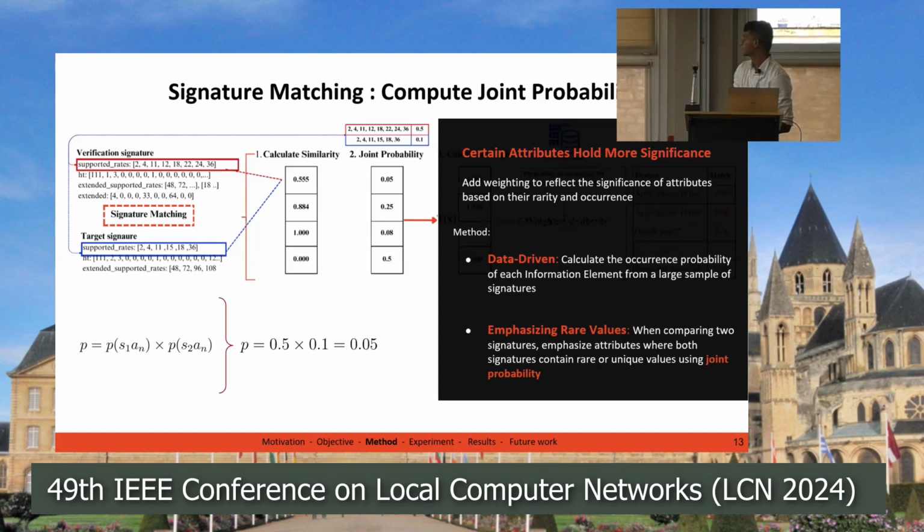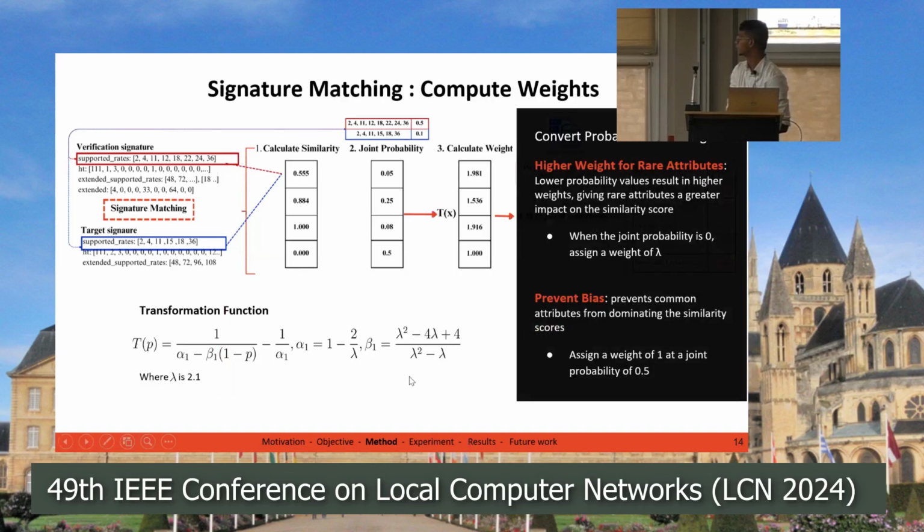So once we have this computed joint probability, we want to calculate a weight for it, so we need to transform it. You could use a plethora of functions to transform it, but there were 2 things we wanted to highlight. We want to give a higher weight for rare attributes, and we want to prevent bias.